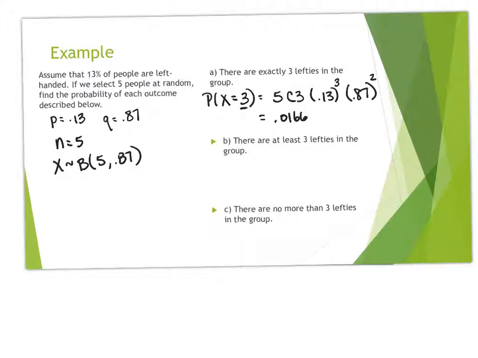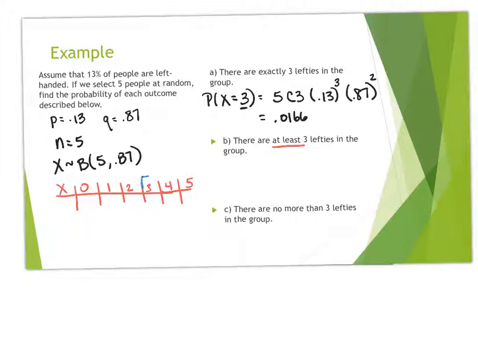The next one says that there are at least 3 lefties in the group. Well, let's talk about that. At least means what? Well, think about it like this. In this case, you can have 0 lefties, 1 lefty, 2 lefties, 3 lefties, 4 lefties, or 5 total, all 5 lefties. Here I want at least 3.